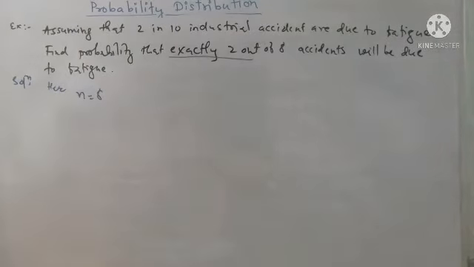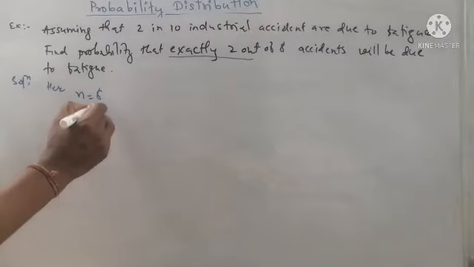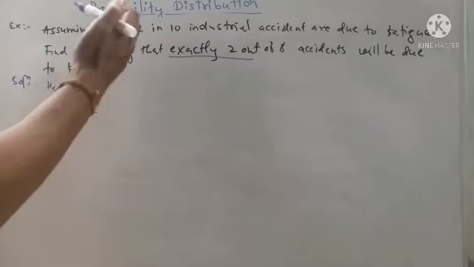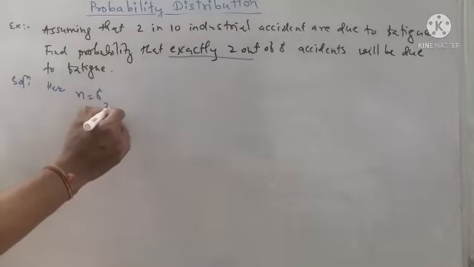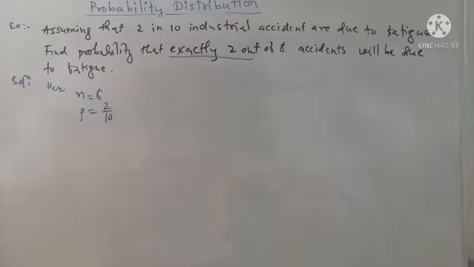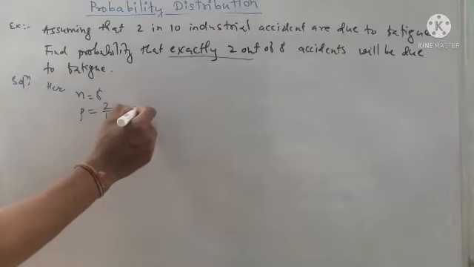That means an accident due to fatigue is the event, and the probability of that event is the probability of success P. Now as we are given 2 in 10, 2 by 10 is our probability of success, which we can put as 0.2.